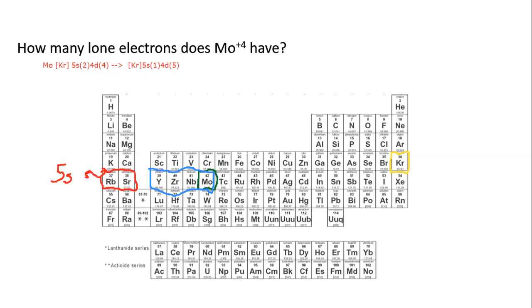Now do molybdenum 4 plus. Again, we remove from the s orbital first, then the d. So 1 electron from the s orbital, 3 from the d orbital, and we have krypton 4d2.